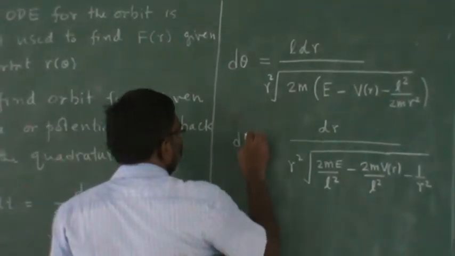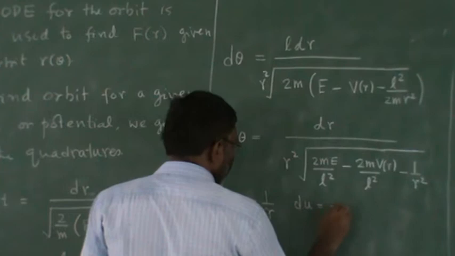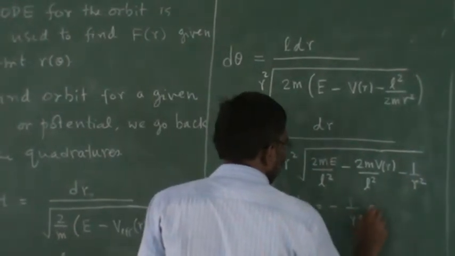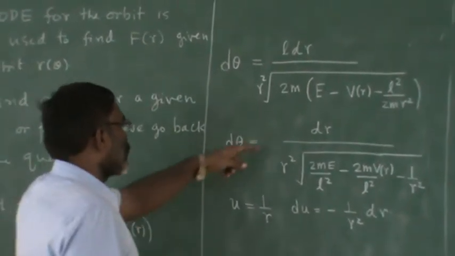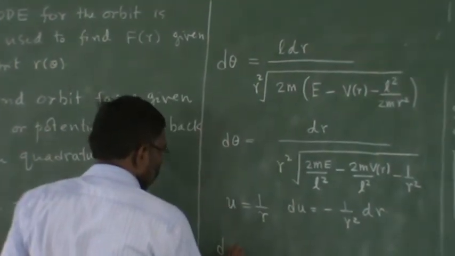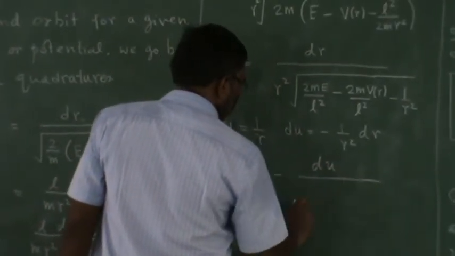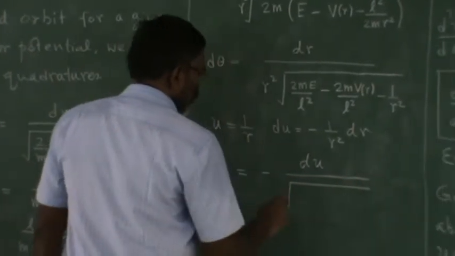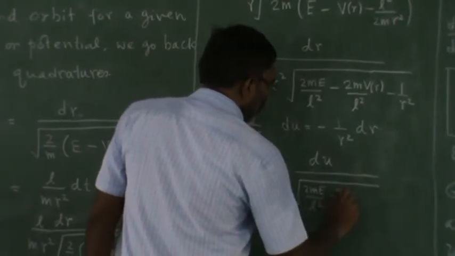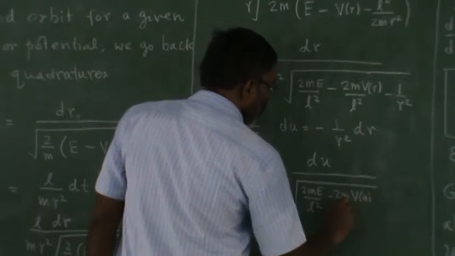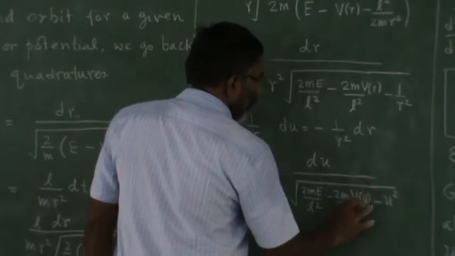Now you substitute u is equal to 1 by r, then du is equal to minus 1 by r square dr. So now you can write d theta as minus du divided by square root of twice mE by L square minus twice m V of u by L square minus u square. You can call it V of 1 by u.